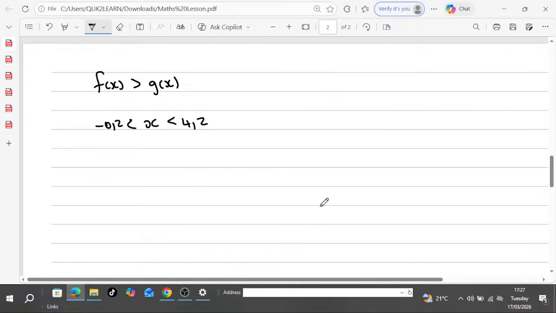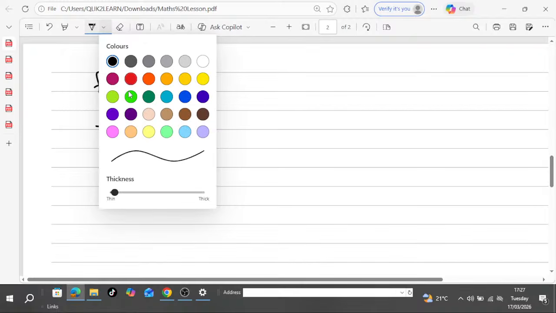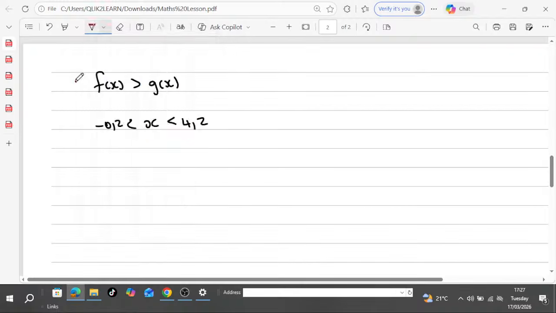Right, now, let's answer this one. Let's try to analyze on the graph. Where is f at x less than or equals to g at x?